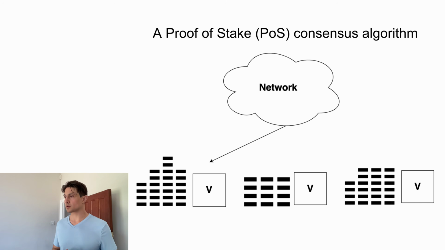There have been some proposals to make this more fair, but as of right now, this is how it works. I don't think it's a massive issue, but it does reward the rich. So that's just something to be aware of. But it is considered to be more environmentally friendly, because unlike proof of work, miners are not competing with each other, and only one validator at a time will be rewarded the next block.